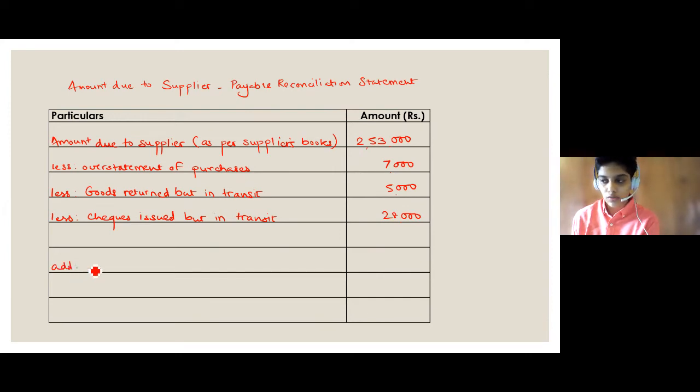Add bills raised against goods purchased, and the amount is rupees 22,000.